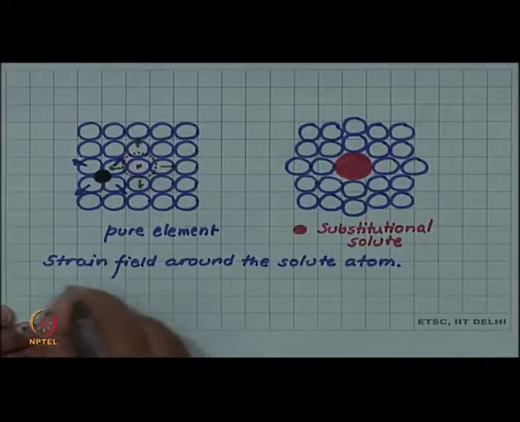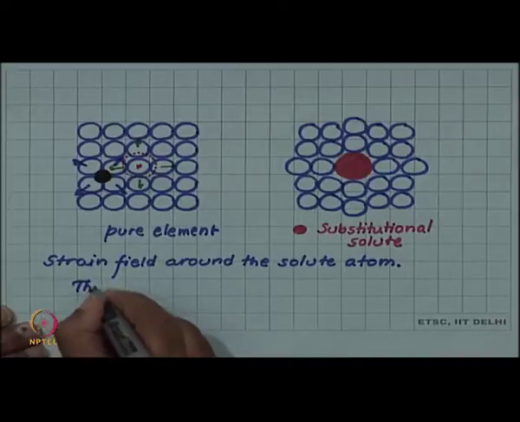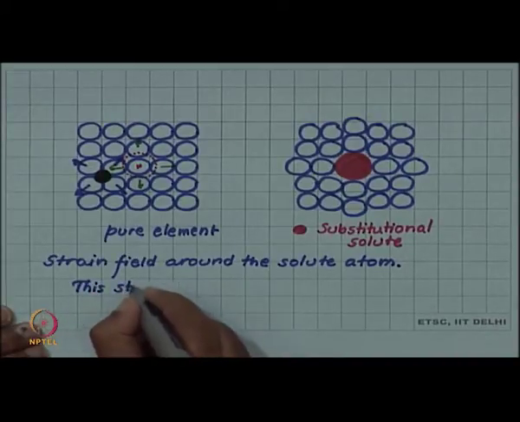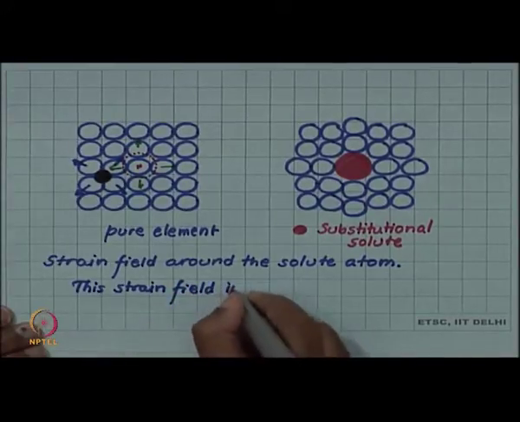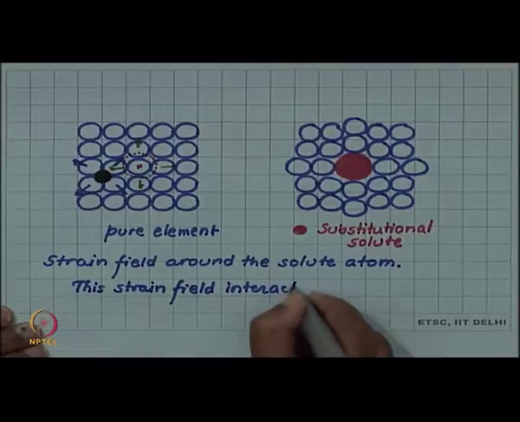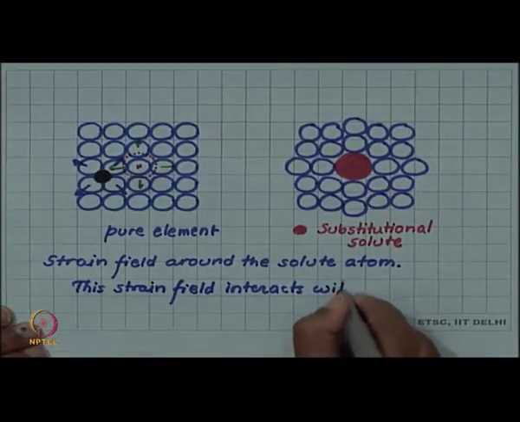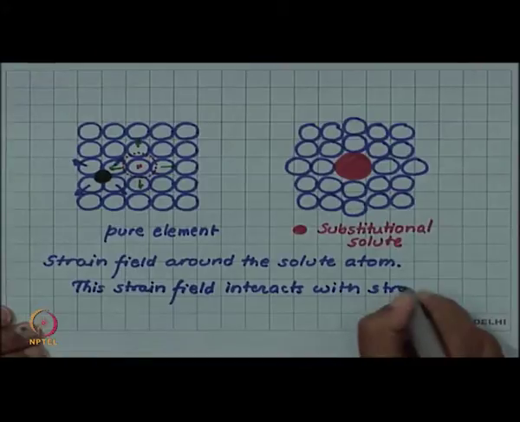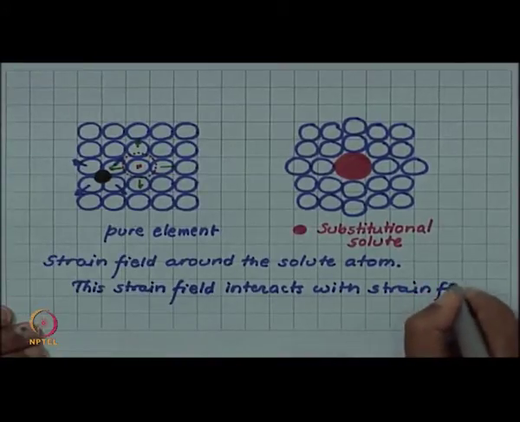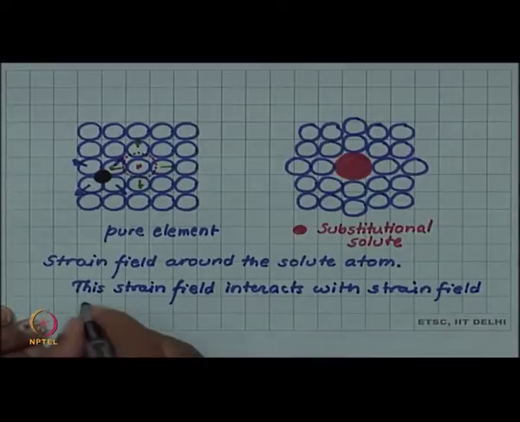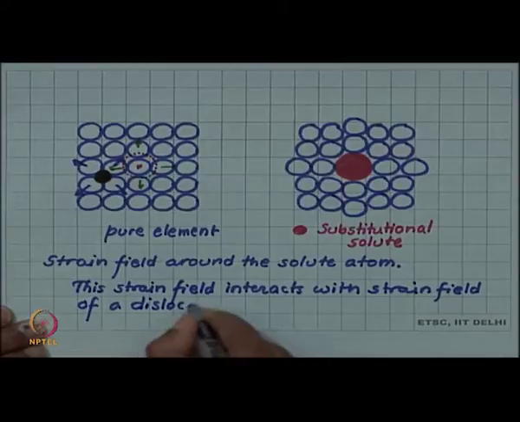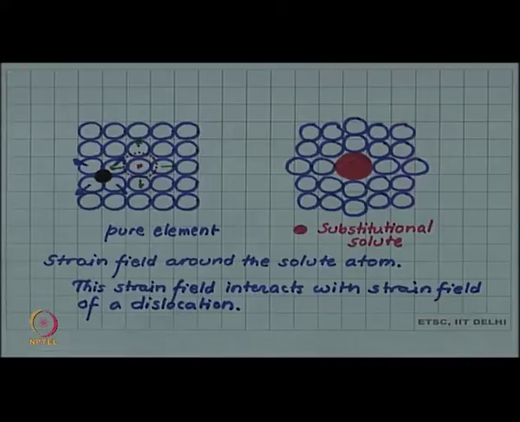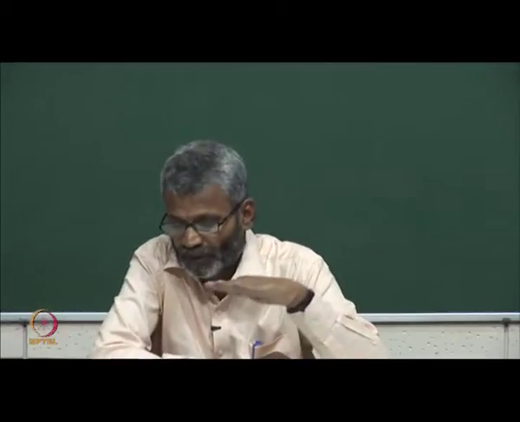This strain field interacts with the strain field of a dislocation. Recall, in the case of an edge dislocation, we said that there are compressive stresses above the slip plane, where the half plane is, and tensile stresses below the slip plane.